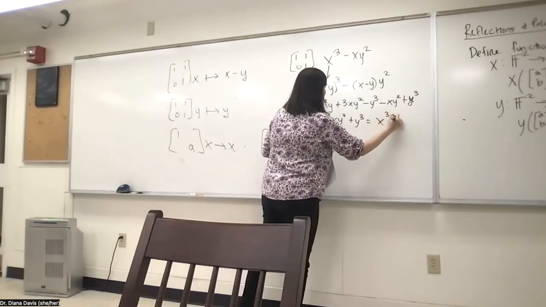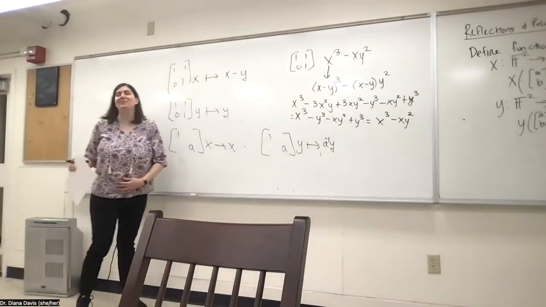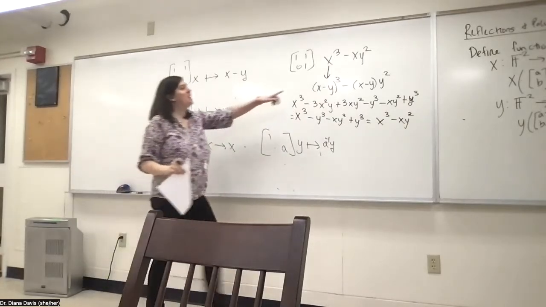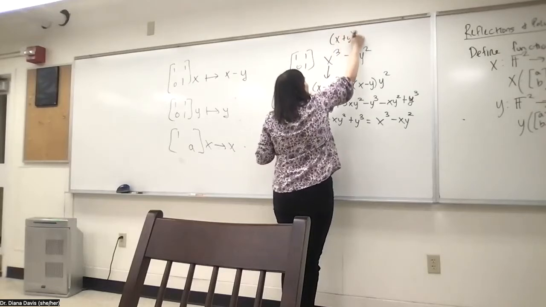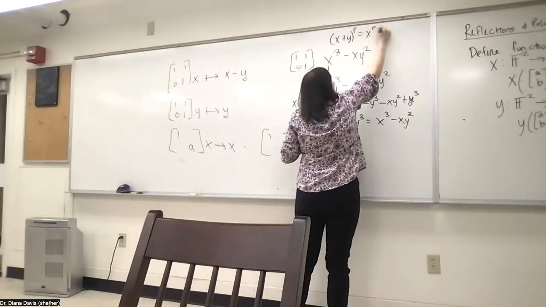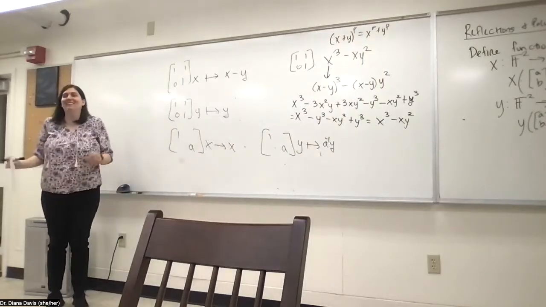So we have what's called freshman's dream, that if you take it to the p, x plus y to the p equals x to the p plus y to the p in my land.